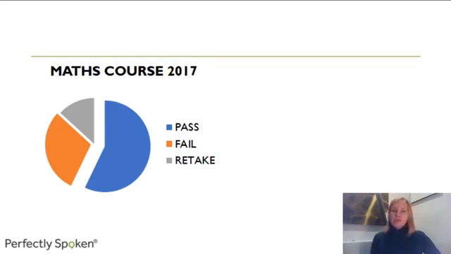As you can see from the title, it's the marks from the maths course 2017. You've got three colours: blue, light purple and orange. The blue means pass, so yeah, good.